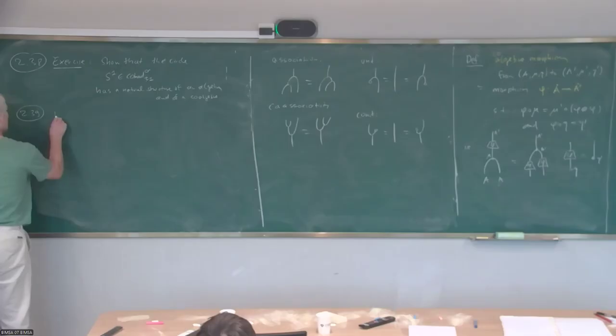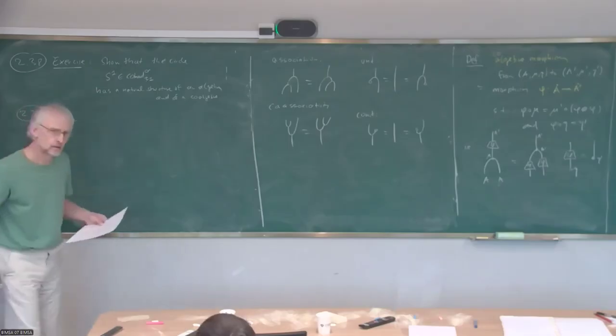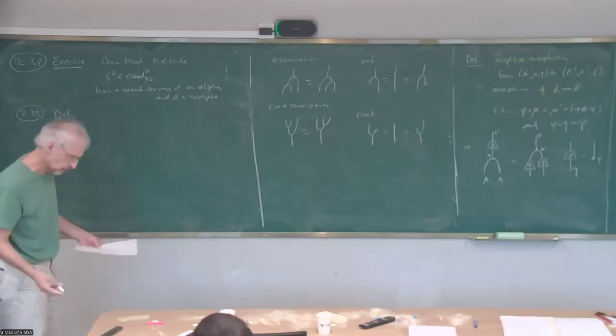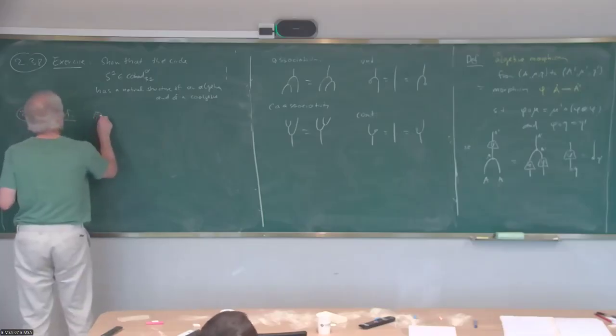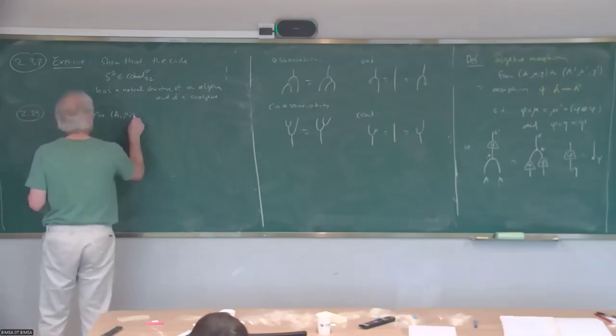So what we do here is remember the notion of a module or bimodule over a ring or over an algebra in vector spaces. Analogously, you can do this in a monoidal category.